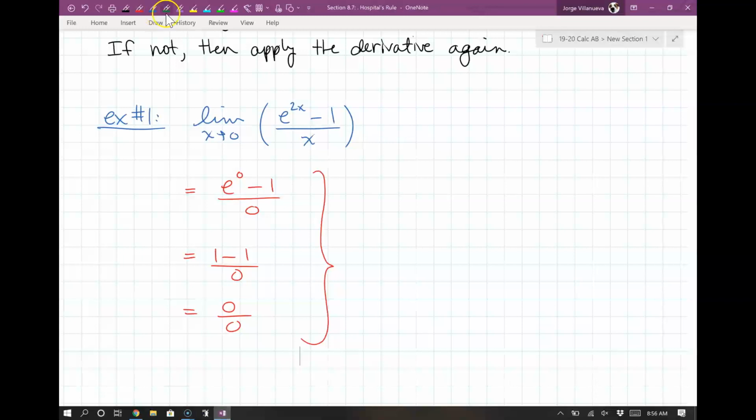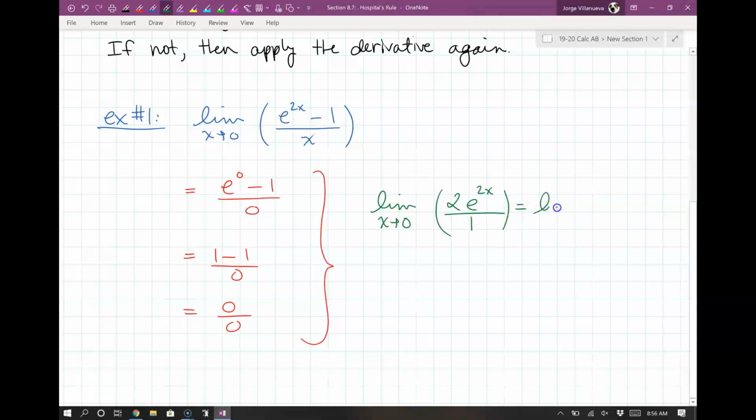So here's the deal. Instead of doing that, take the derivative of the top. What's the derivative of e to the 2x minus 1? Anybody remember? 2 e to the 2x. And what's the derivative of x? It's 1.